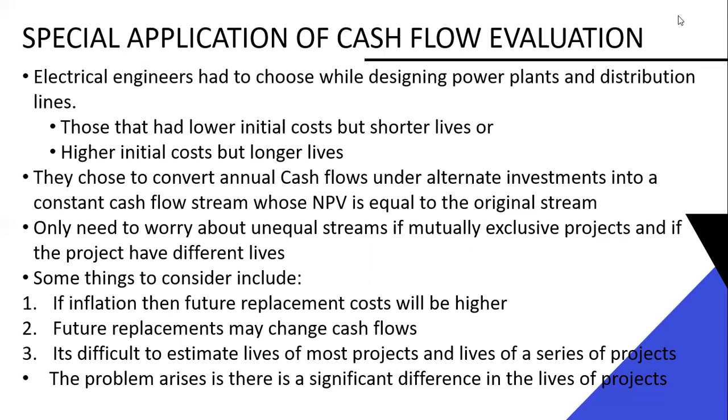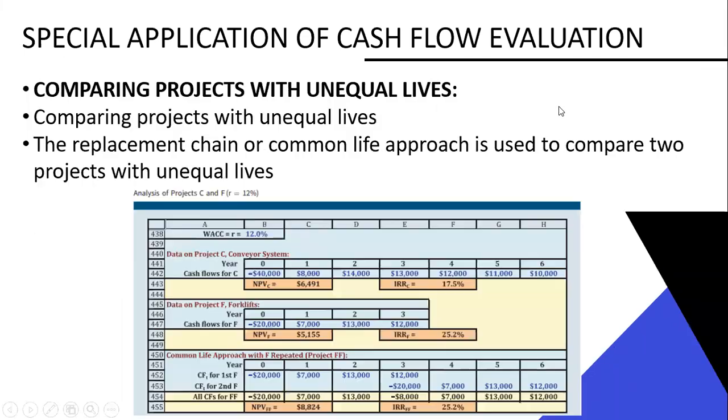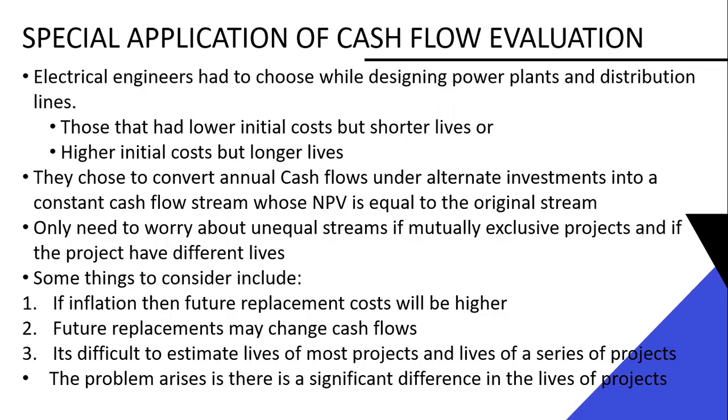So this was yet another method that can be used, where basically these uneven cash flows were taken and converted into equivalent annuities. So that's another way to calculate the difference.